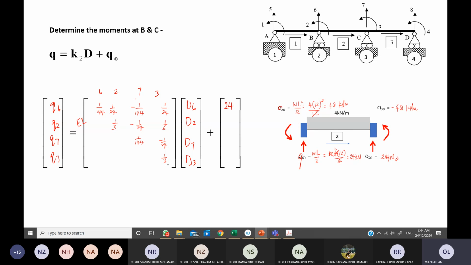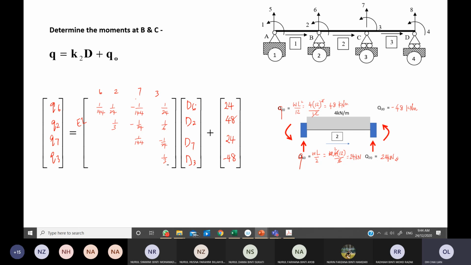Q2 naught is 48. Q7 naught is 24. Q3 naught is negative 48.